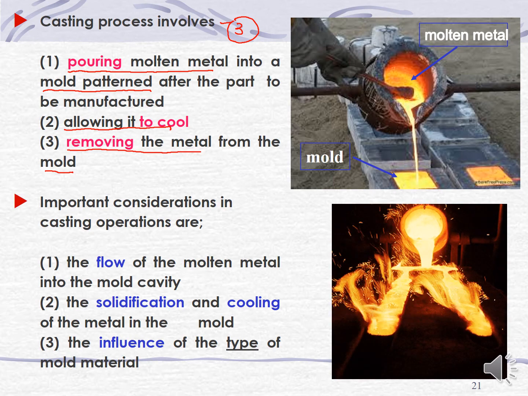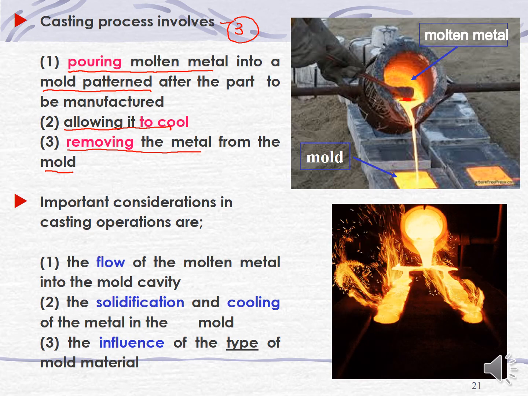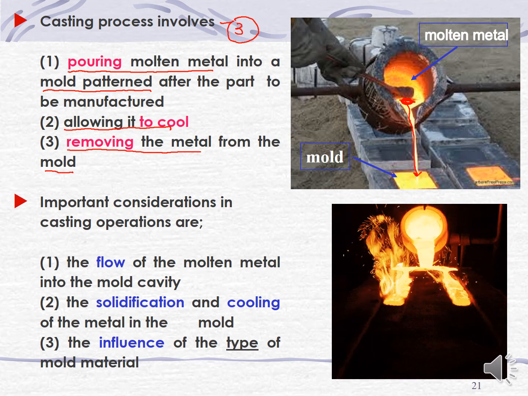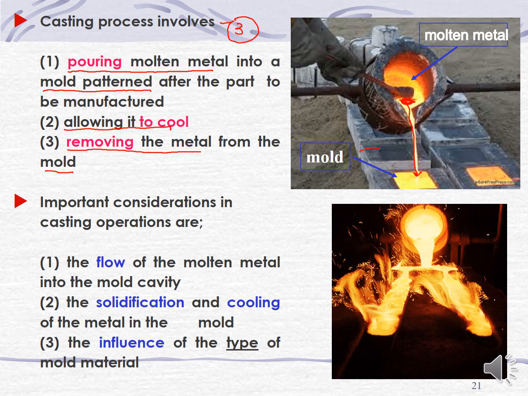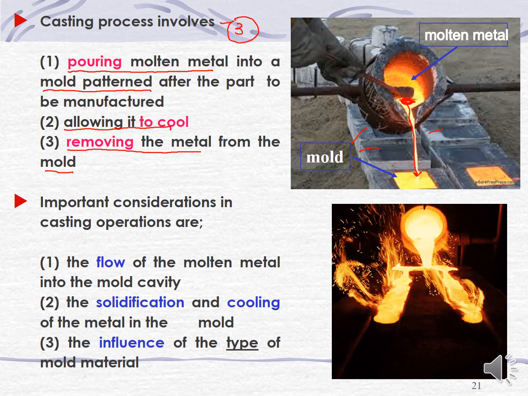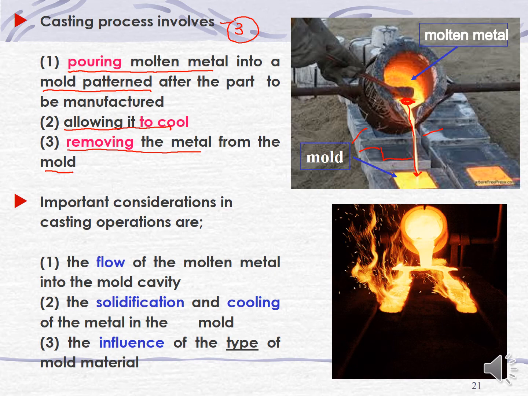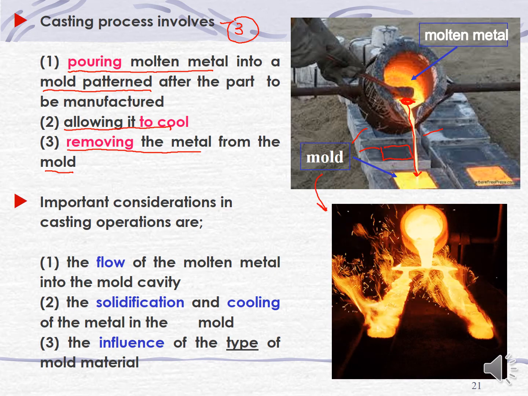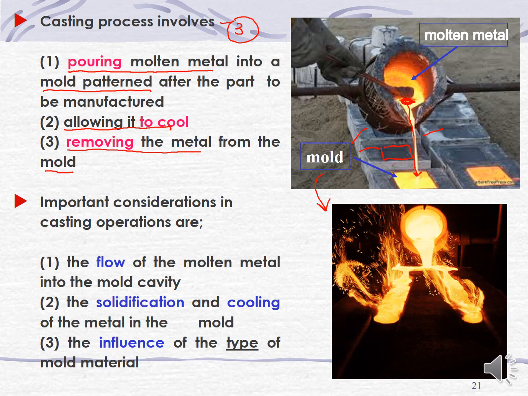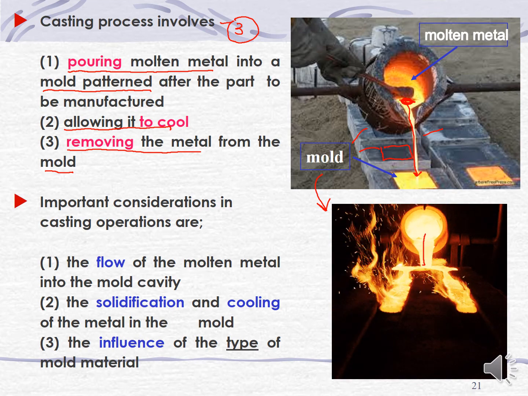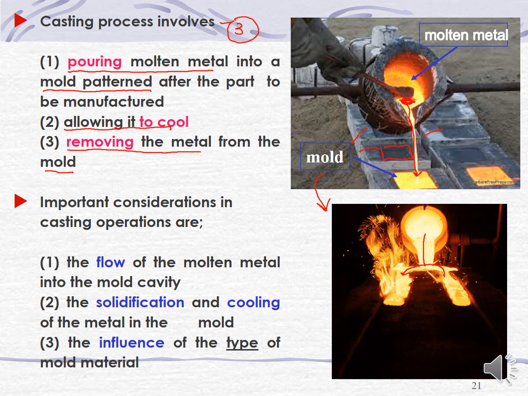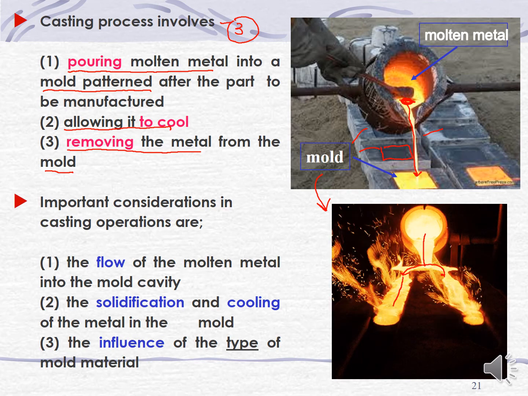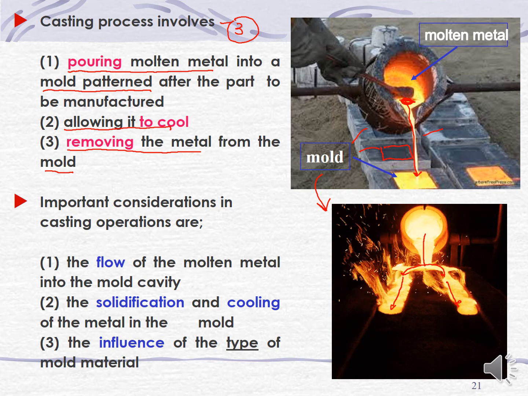Here you can see the molten metal, metal in liquid phase, poured into the mold. This is the mold, which has a cavity. And you can see from this short video, molten metal will flow into the mold and try to fill the region or the area in the mold.